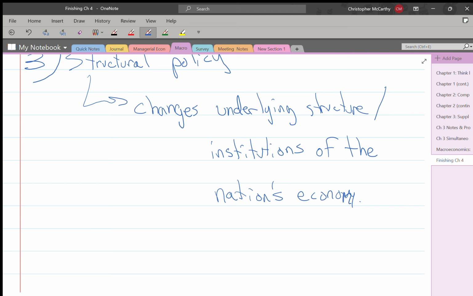Structural policy hopes to remake basic characteristics.